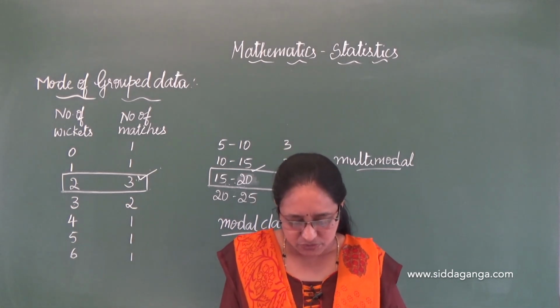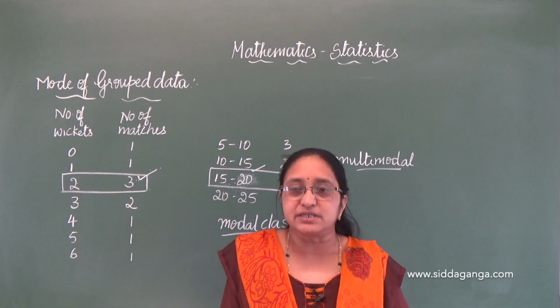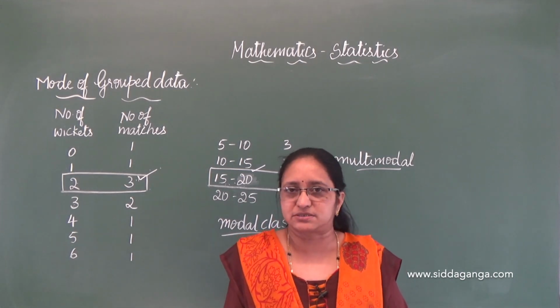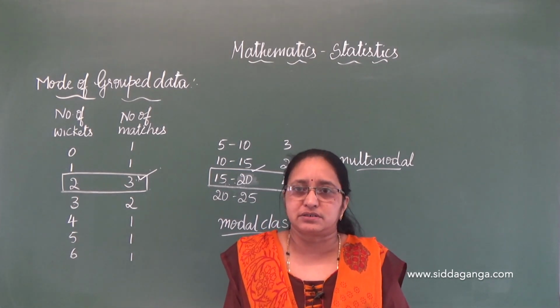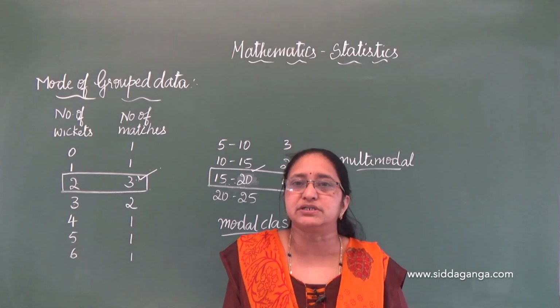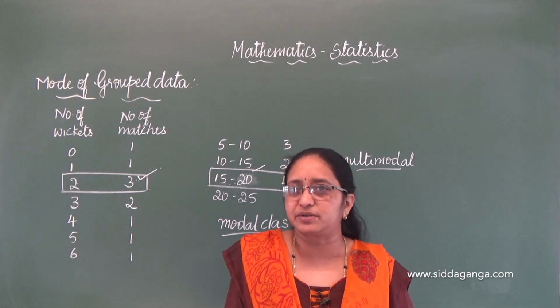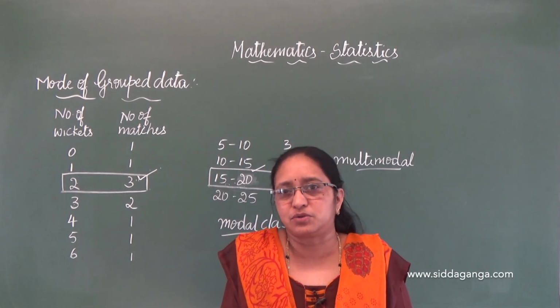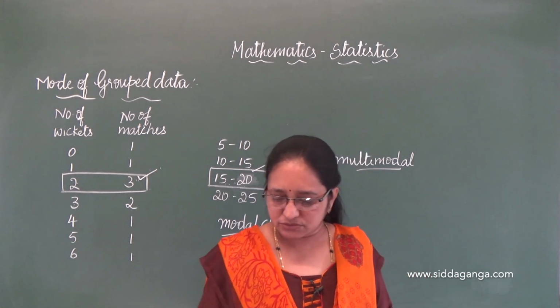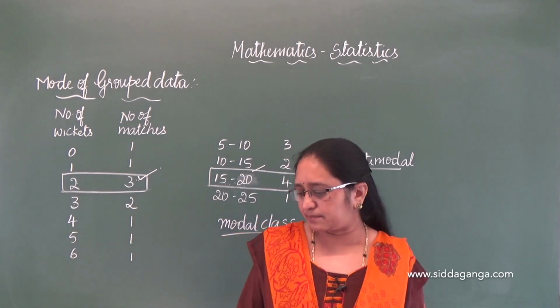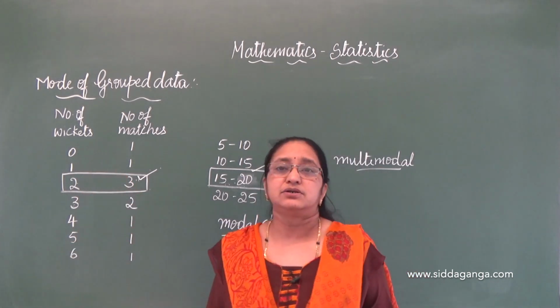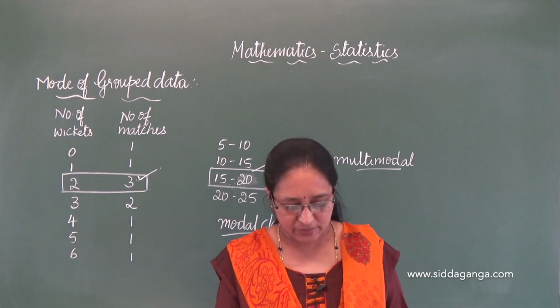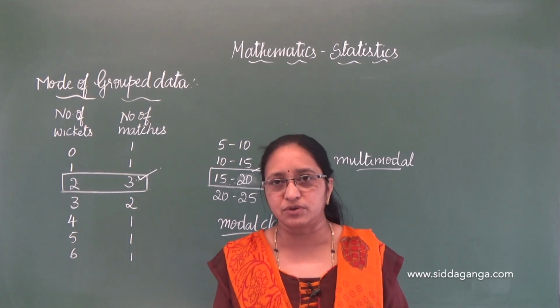For that I am going to consider one example, example 5 from your textbook, and later I am going to work out exercise 14.2, where we will find both mean and mode. Let us do example 5 so that you understand the formula to find the mode.